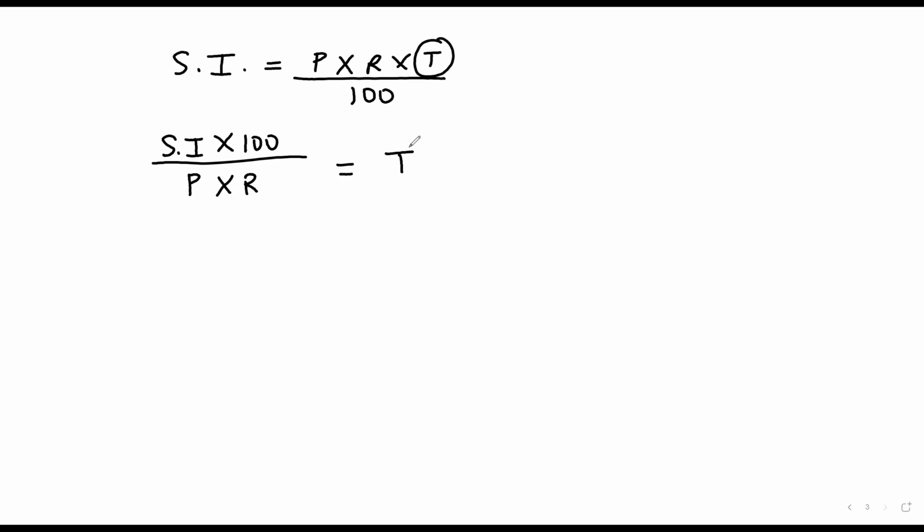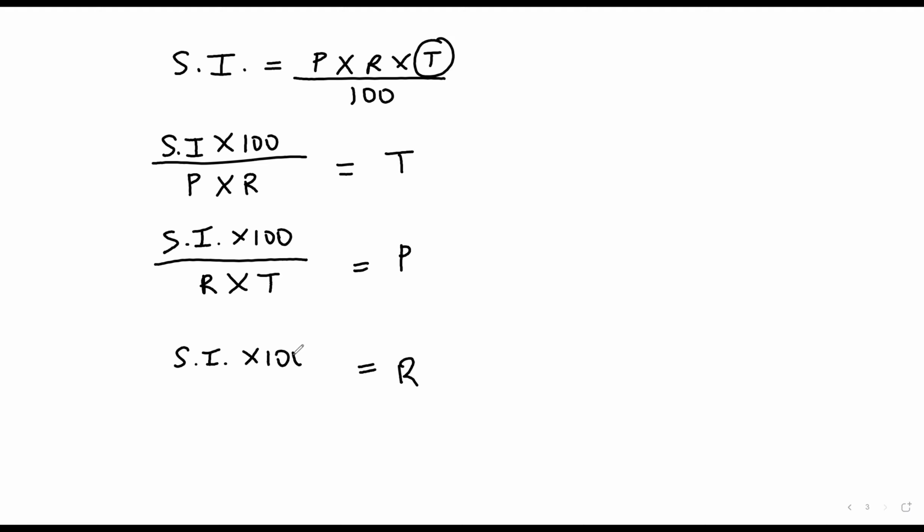If I wanted to make principal the subject, I'll do the same thing because I'll move 100 to the other side, which means I have to multiply it, and then I will divide by the product of the rate and time. And it is the same for the rate. If I wanted to find the rate, I'll multiply simple interest by 100 divided by principal times time.